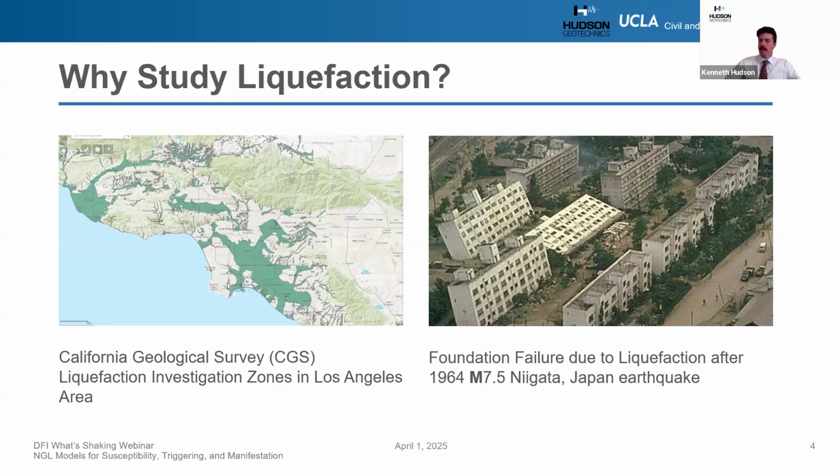You can see that tilting and sinking back into the ground of some of those buildings that otherwise performed really well from an earthquake engineering standpoint. So we need to continue to understand this, and it still is such a poorly understood phenomenon. That's why we're engaged in so much active work on it.